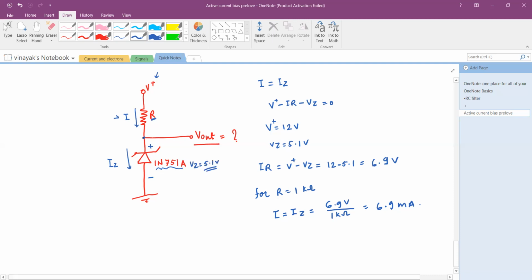That means if the voltage at this node with respect to ground exceeds this VZ, 5.1 volt, then the zener will enter into conduction.